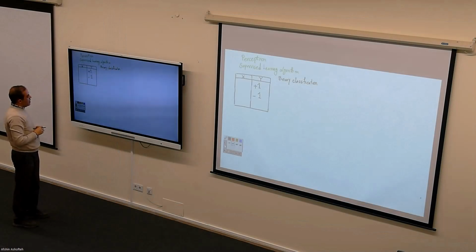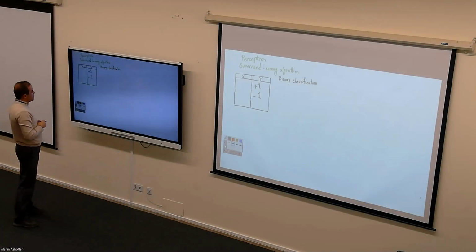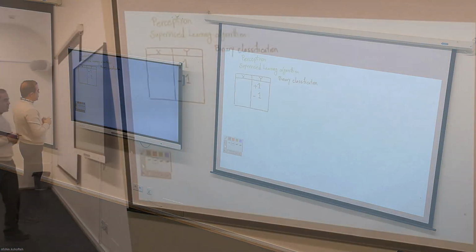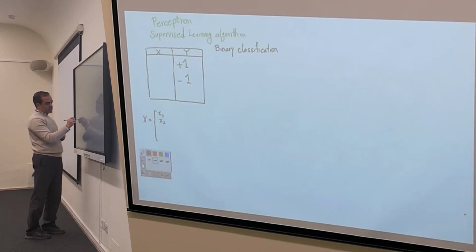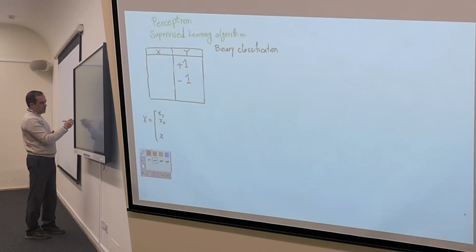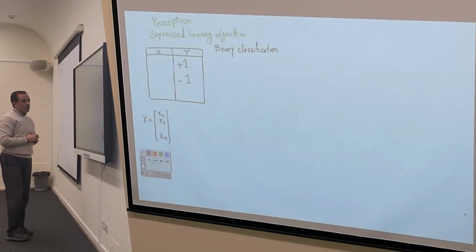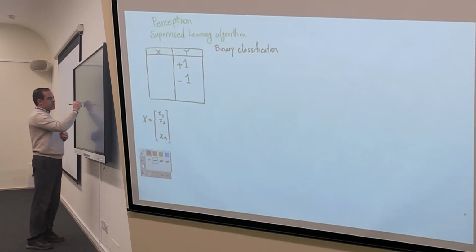And in this binary classification problem, we have a vector of x's that can be identified with x1, x2 till xn. And these x's are what? The inputs of our model.